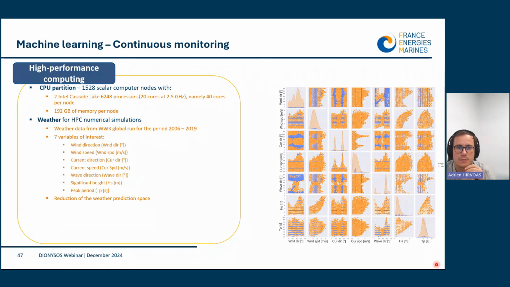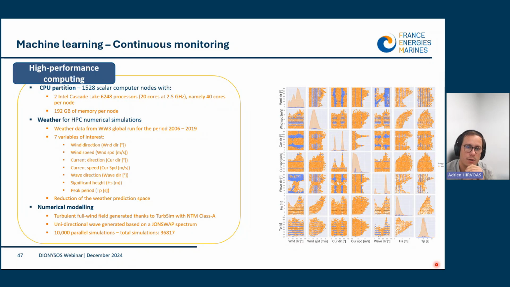As you can imagine, we have several combinations of environmental solicitation, and we had to reduce the input space. So we performed a stratification and a selection of a combination of environmental solicitation to perform the numerical simulations. By using this stratification, we were able to run more than 36,000 simulations, and thanks to the high performance computing architecture of Janzé, we were able to run 10,000 simulations in parallel.